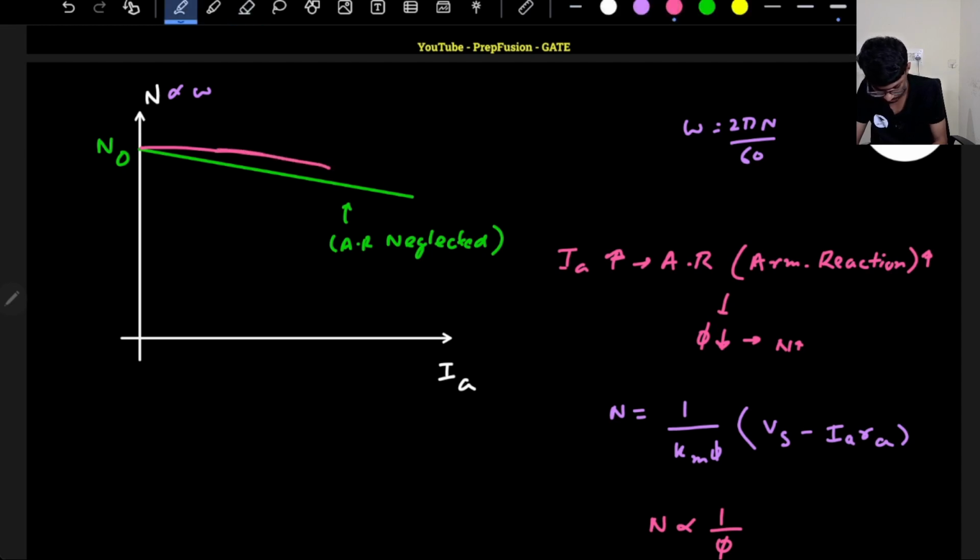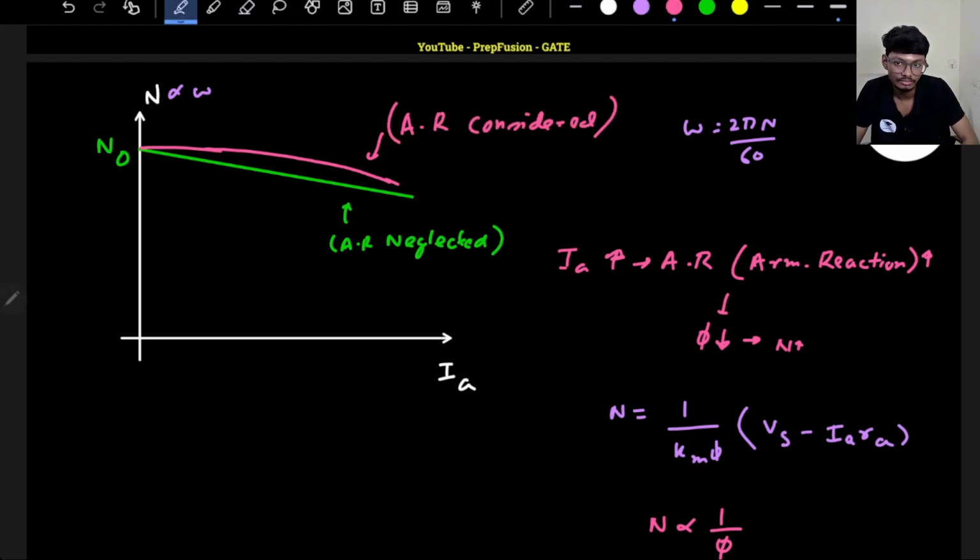Okay, so roughly it will be like this. So this will be the speed with armature reaction considered.